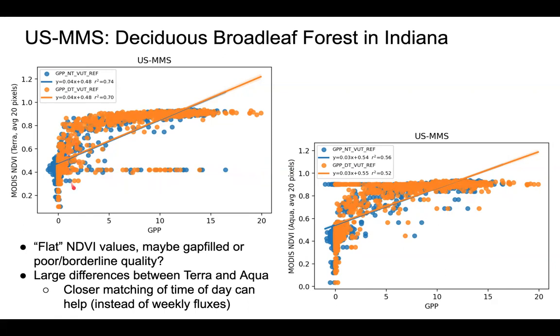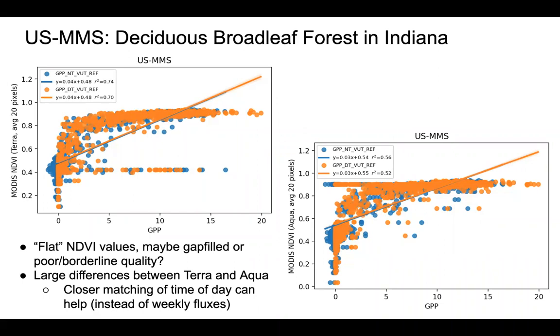For the GPP values being 0 here, we are using the weekly product, so it's the weekly average. And these are not really necessarily comparable with what the satellite is seeing. So one way to remedy that is to go back to the hourly resolution and pick the values that are around the time that the data collection happened for the satellite.